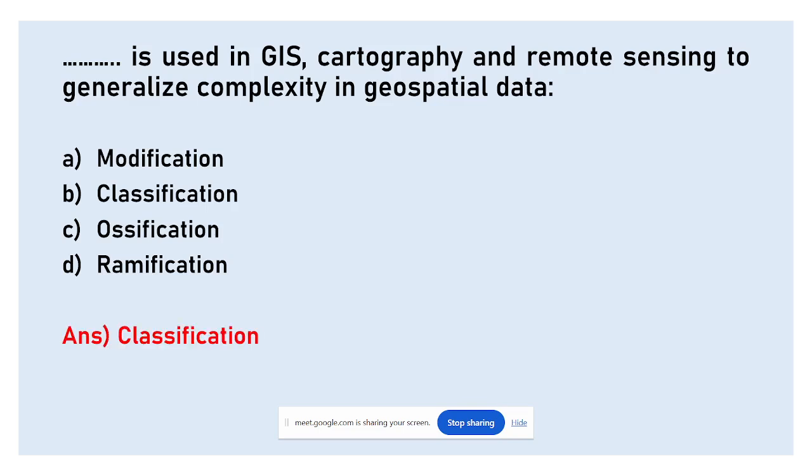The answer is classification. It reduces the complexity of any kind of GIS data or cartography. Cartography is related to maps or remote sensing data. When you do the classification, it generalizes and makes things easier for somebody who does not need too much information, just the basic ones.